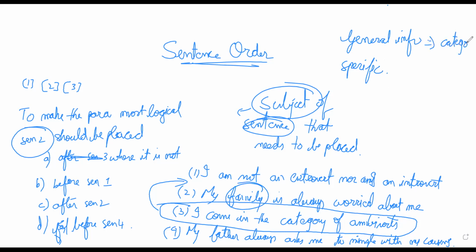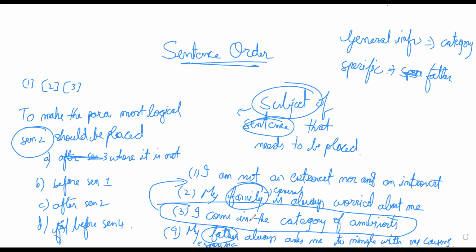When any category is mentioned, that comes under general information, and then if any specific detail is given within that category, like here, family is the general category, and then specifically you're talking about the father. Always remember, after general information, if there is any specific information given about this category, then it has to come exactly after the general information.